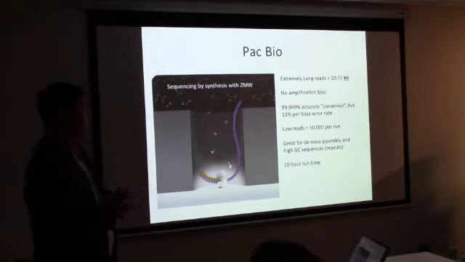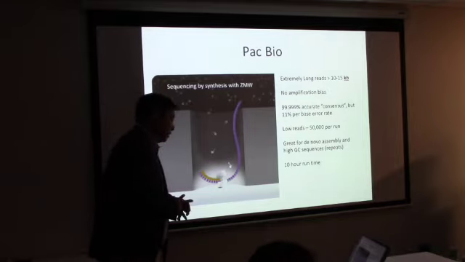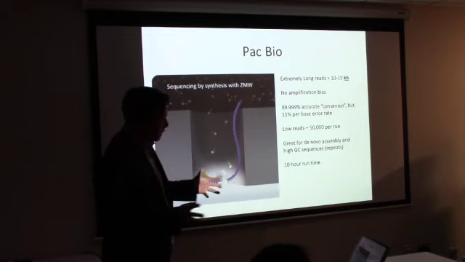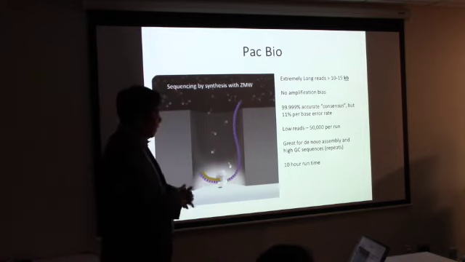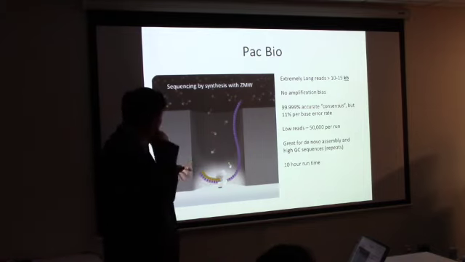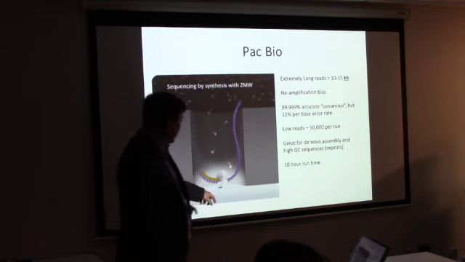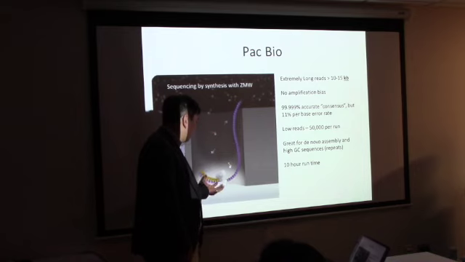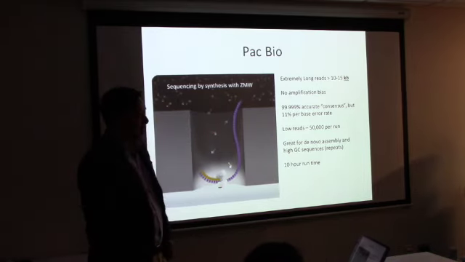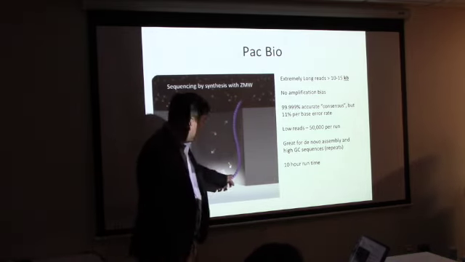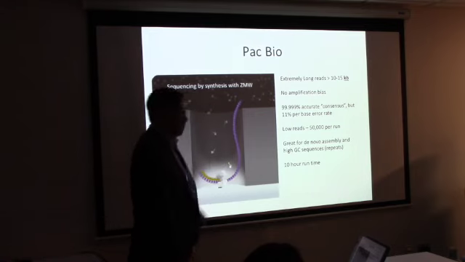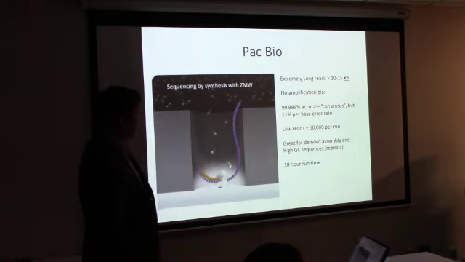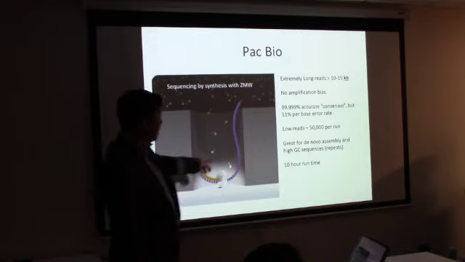Another machine out there is called PacBio. I think Illumina just bought them. So PacBio is a very different sequencer. It's sequencing by synthesis, but they actually put the polymerase at the bottom of their sequencing flow cell. And so you actually image polymerization live. And so that's very cool, but that comes with pretty high error rates.